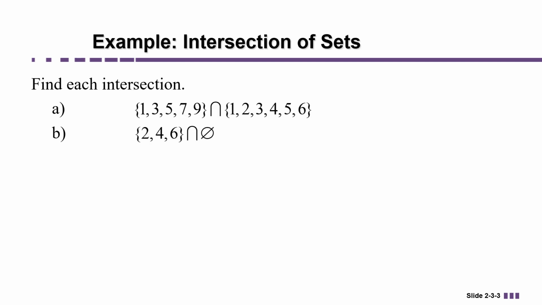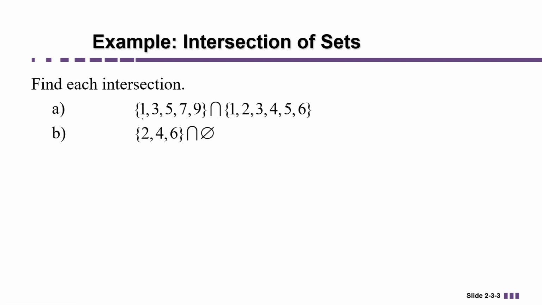Let's practice using intersection. We're going to find the intersection of the given sets. In part A, we have the set 1, 3, 5, 7, 9 intersected with the set 1, 2, 3, 4, 5, 6. Remember, intersection means overlap or what's in both sets.